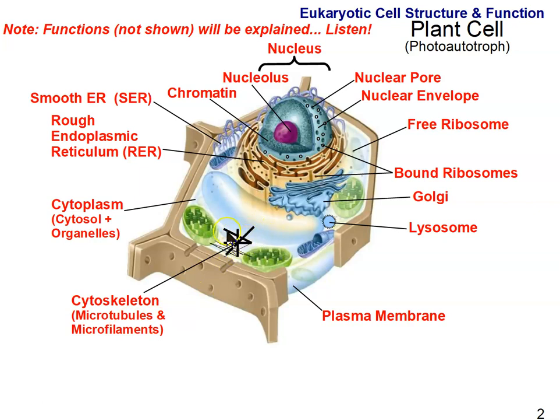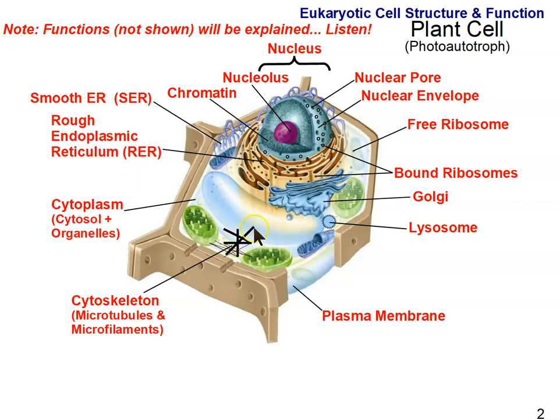The fatter lines, the thicker lines, are representing microtubules. They can act kind of like railroad tracks, where special proteins called motor proteins will latch onto a transport vesicle and then latch onto the microtubule and walk along the microtubule carrying the transport vesicle.